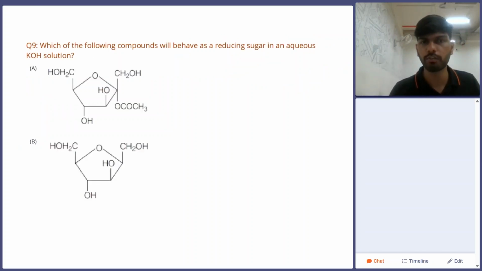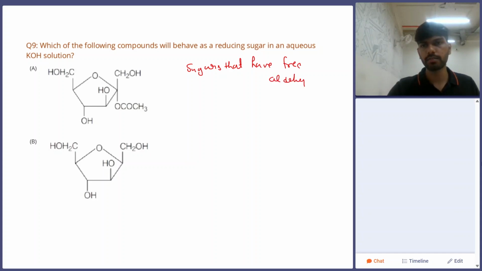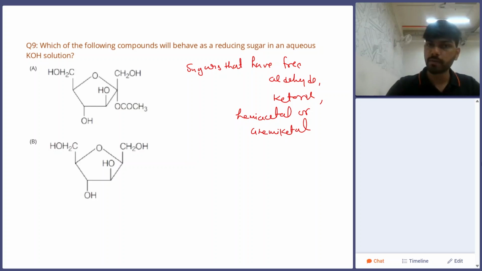I explained the reason also. Now which of the following compounds will behave as a reducing sugar? For reducing sugar, sugars that have a free aldehyde, ketone, a hemiacetal, or a hemiketal group are able to reduce an oxidizing agent.